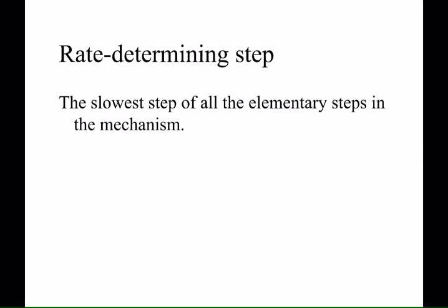I also liken it to trying to get out the door when you have a family of 5. You have somebody that's a little bit slower than everybody else. So collectively, how are you going to get out the door? Well, it depends on that one person. That's your rate determining get-out-the-door person. So that's the slowest step, your rate determining step.